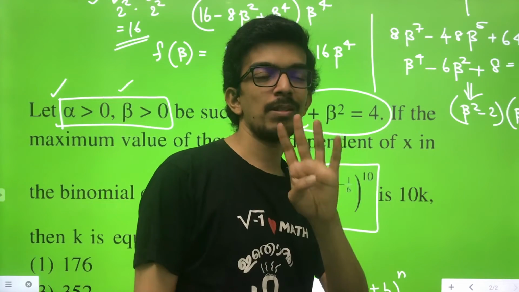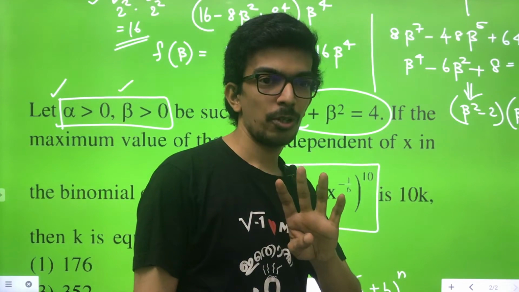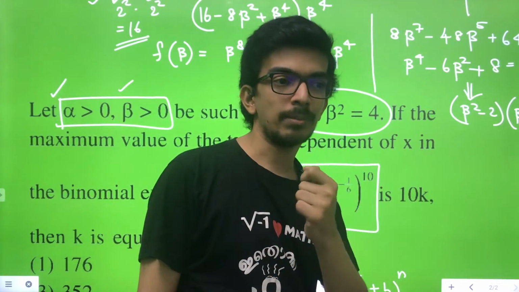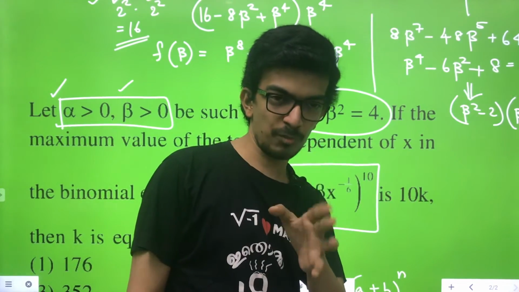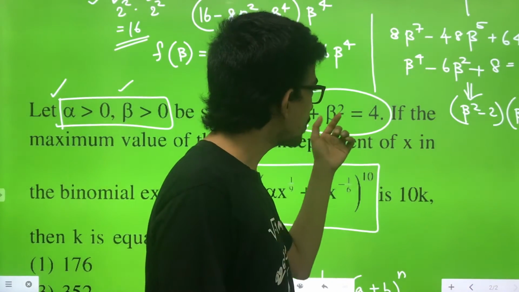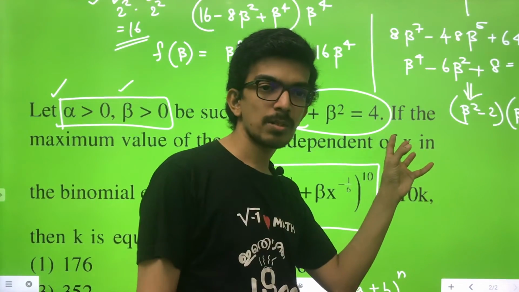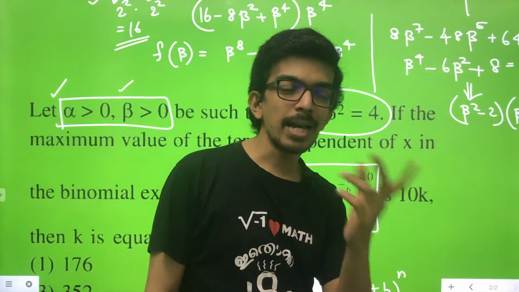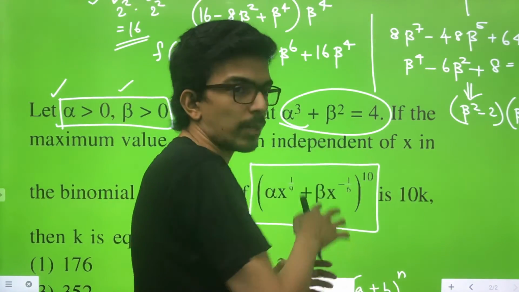The sum of two positive numbers is given to be 4. And you know that its product will be maximum when they are equal. If you already know this funda, when the sum of two numbers is a constant, their product will be maximum when these two numbers are equal.